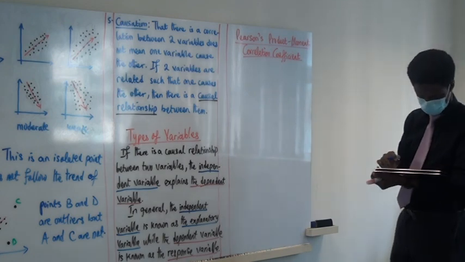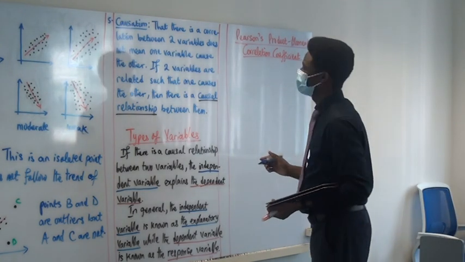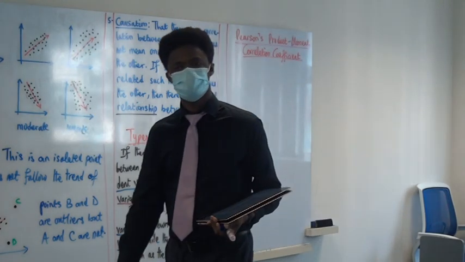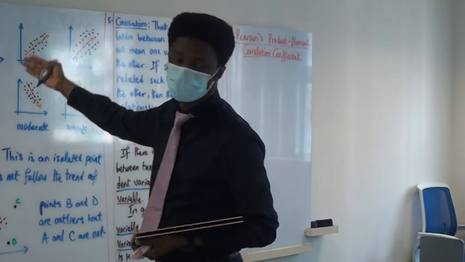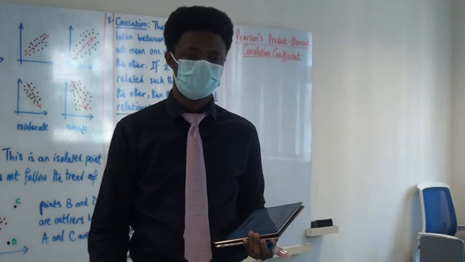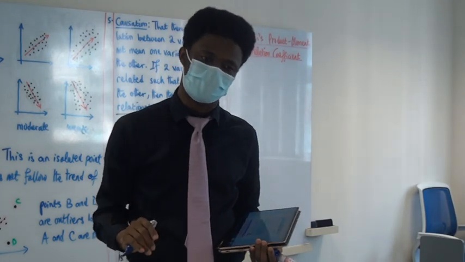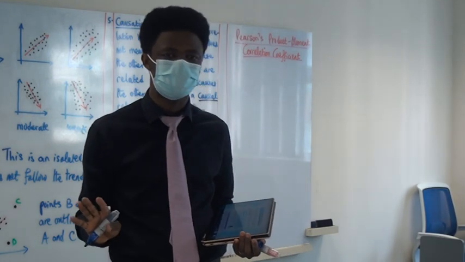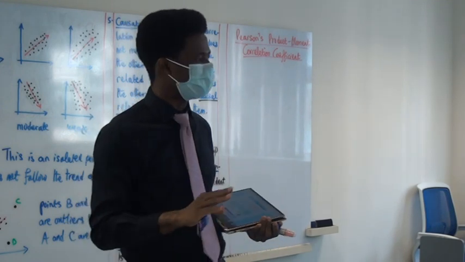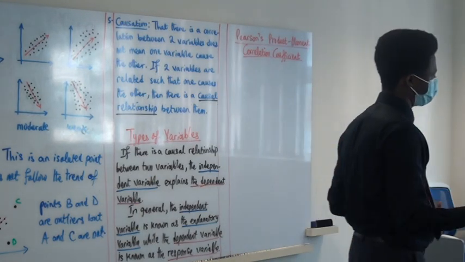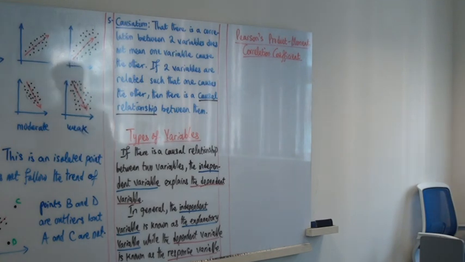Now, the reason why this is important is because when you look at the data, it depends on you. You can say it is very strong, somebody can just say it is strong. So it's based on opinion. But a more fair way to judge is using the correlation coefficient.